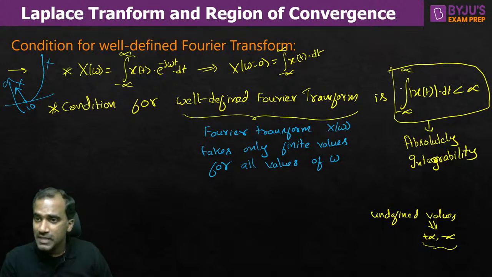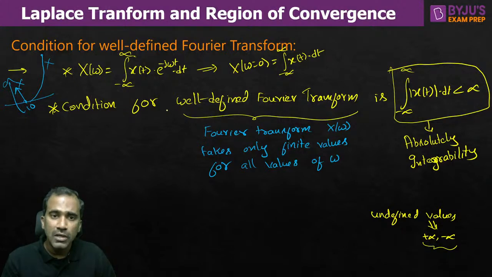If this condition is not satisfied, the area will be infinity, which means the Fourier transform at omega equal to 0, at one frequency, takes an infinite value. A well-defined Fourier transform means a Fourier transform which does not take infinite values.